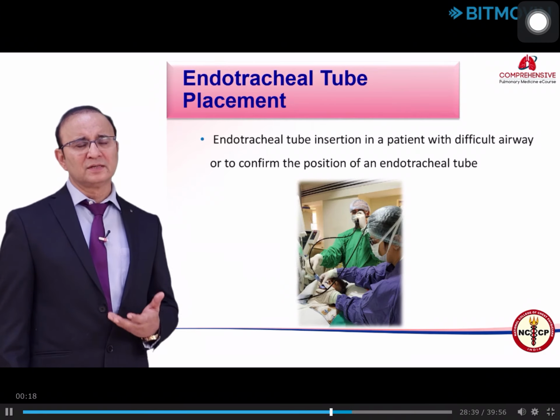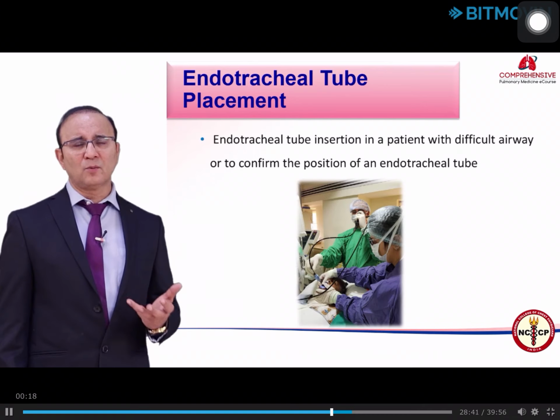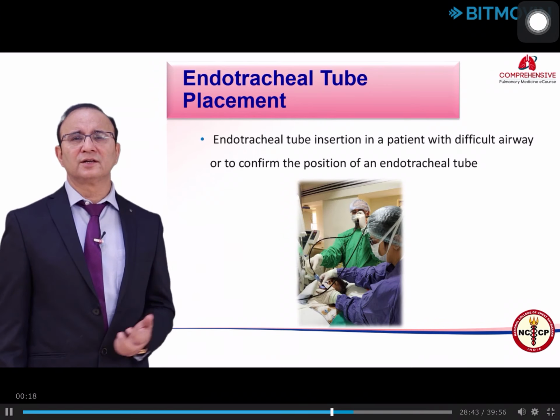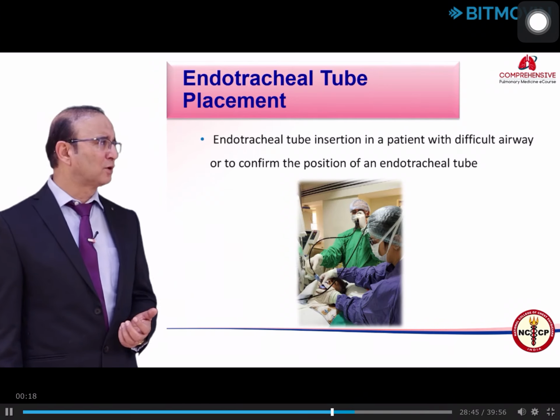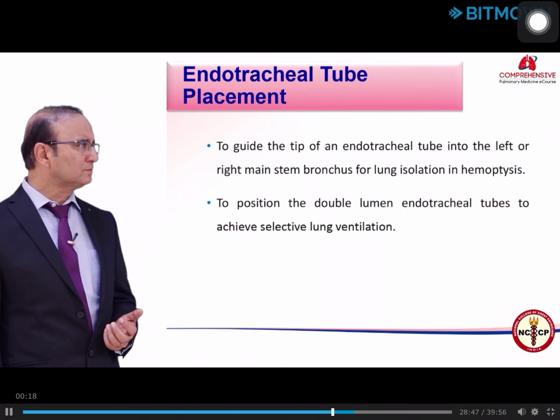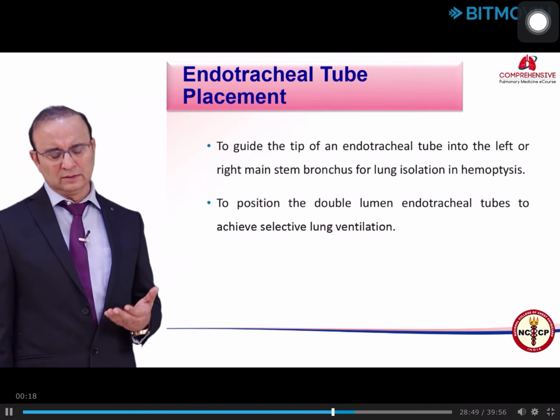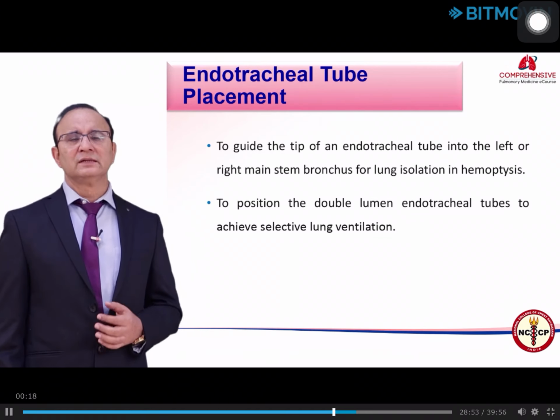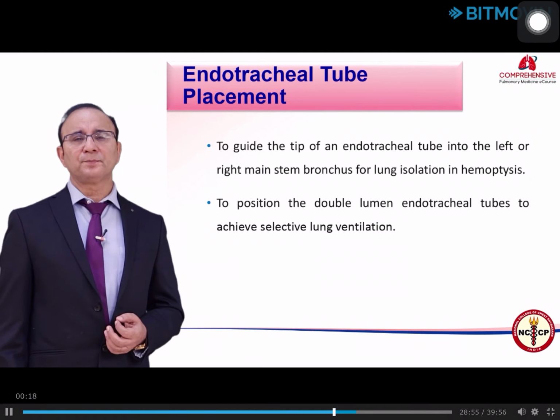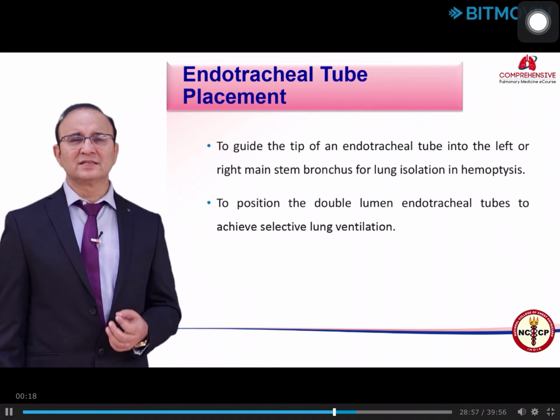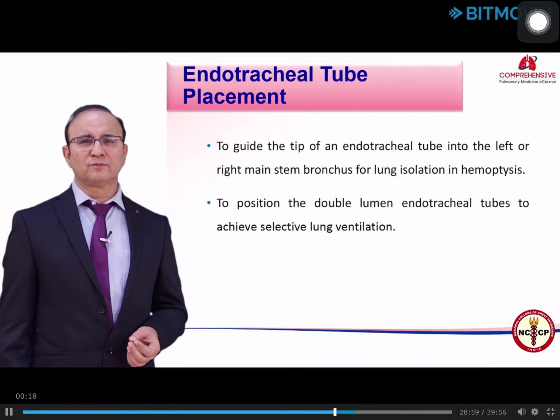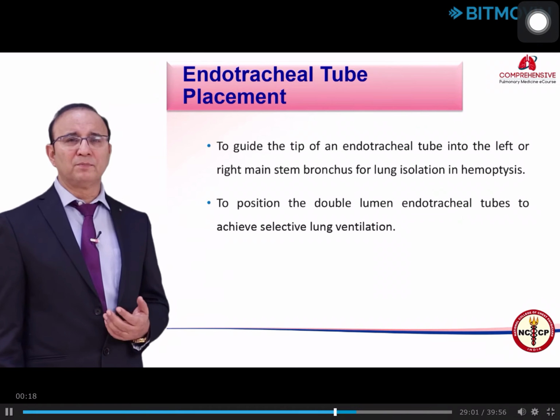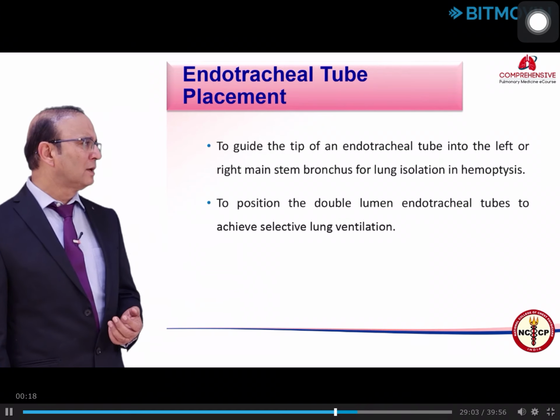And sometimes it's even required in the operation theatre to electively intubate with the help of the fiber optic bronchoscope. It's also done not only to introduce, but you can confirm where the tip of the endotracheal tube is exactly lying. It should be about 4 to 5 centimeters above the carina.